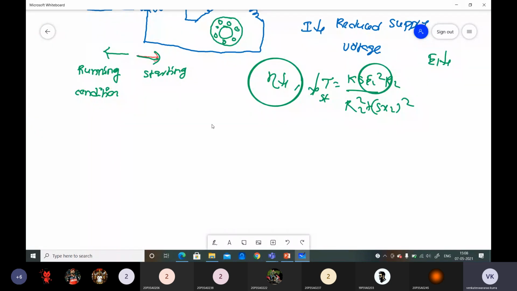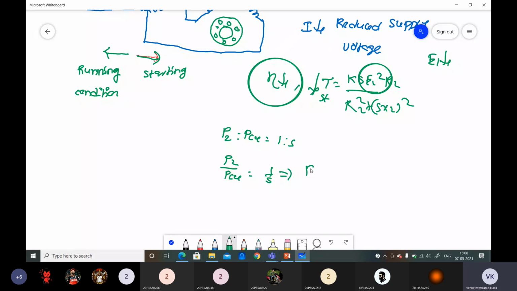Now coming to the formula for torque. We know the formula for power in terms of slip and copper loss. P2 is to P copper equal to 1 is to S. So P2 by P copper equal to 1 by S. Therefore P2 equal to P copper by slip S. The formula for copper loss is 3 I2 square R2.